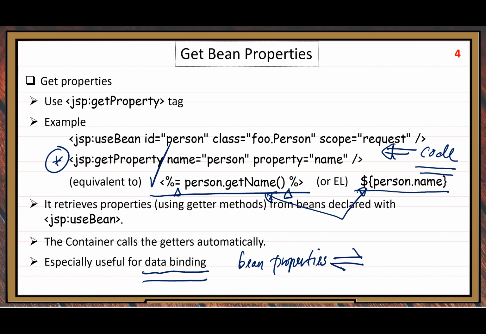Another, we can call query parameters. The copy to and from, automatic, right? Two-way automatic copy. That's what we mean by data binding.